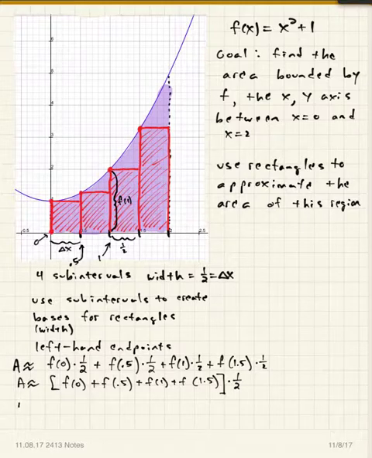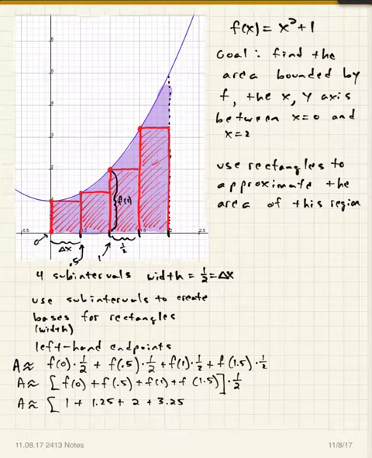So you go through here and you do the arithmetic. f of 0 is equal to 1, and then f of 0.5 is 5/4 or 1.25. f of 1 is equal to 2, and f of 1.5 is 2.25 plus 1, 3.25, or if you wrote it as a fraction, 13/4.